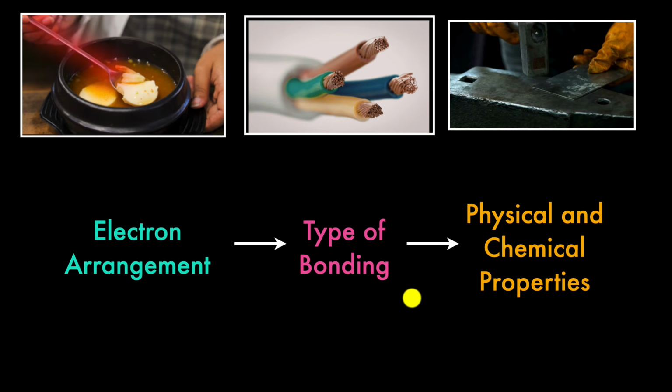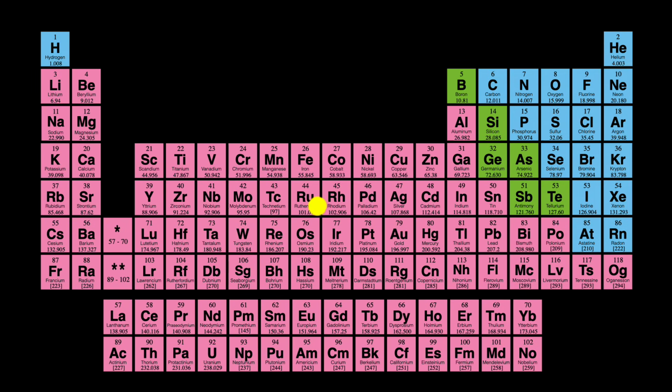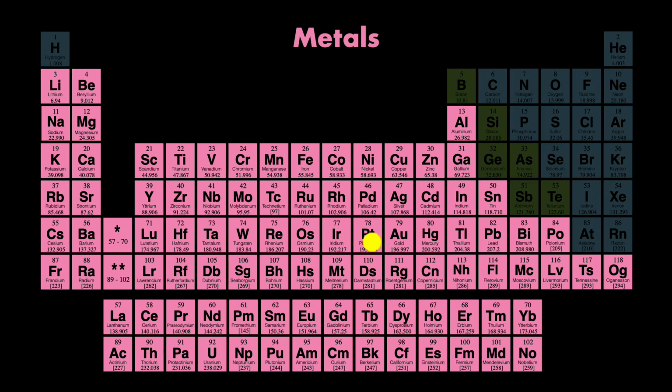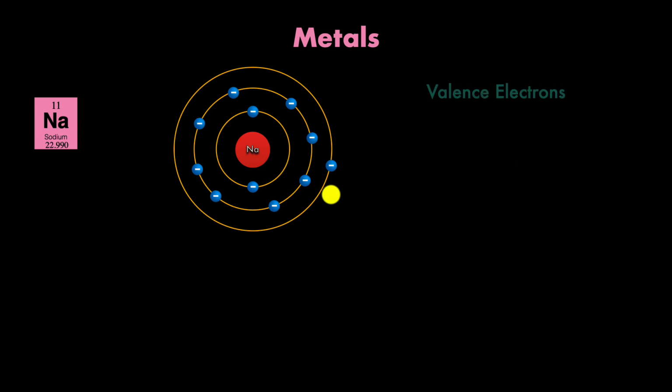So let's begin. You probably know that metals mostly live on the left side of the periodic table. And in general, these atoms have only a few electrons in their outermost energy level. For example, sodium has just one electron in its valence shell.